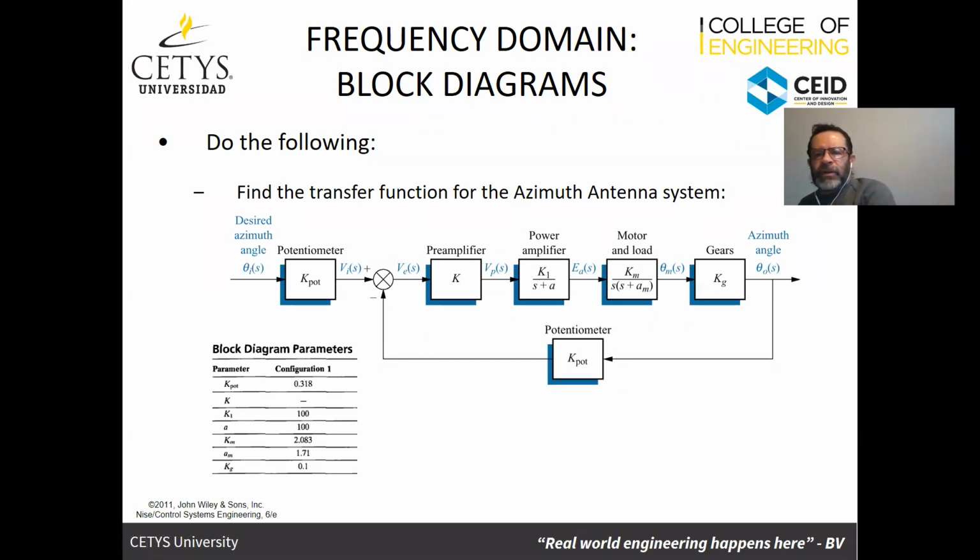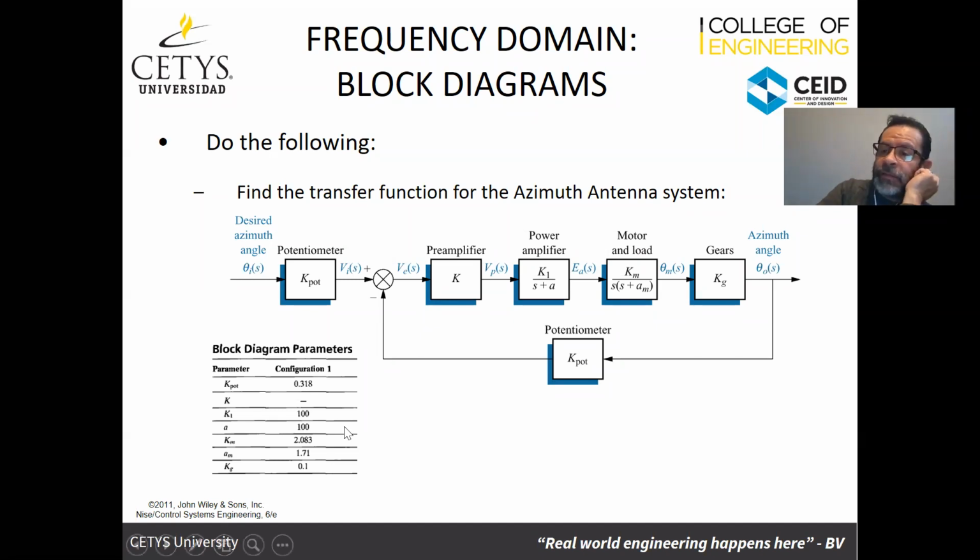This is one example of configuration for the antenna, where we're given some values, and similar to the exercise we did previously, where we looked at the mass dampener system, and I believe Luis said, well, what happens if we vary the mass and give it different values? What's going to happen? Okay, well, we saw the behavior. Similar here, we're going to see that the antenna behaves a certain way, and depending on the values we give the parameters, we're going to see that the behavior of the antenna changes.